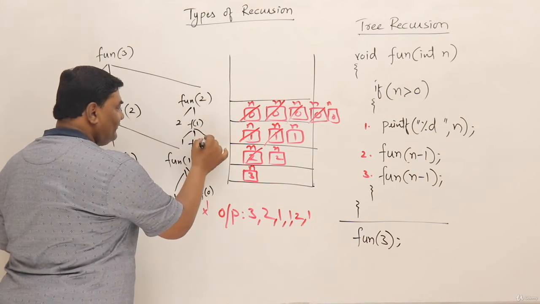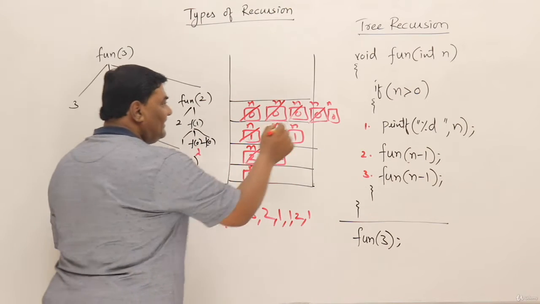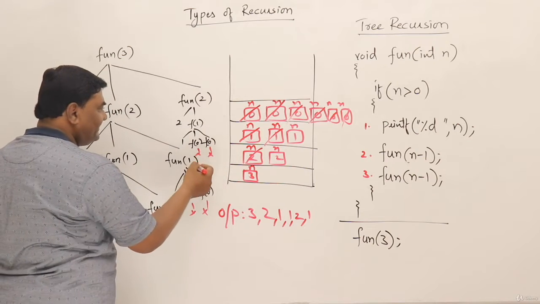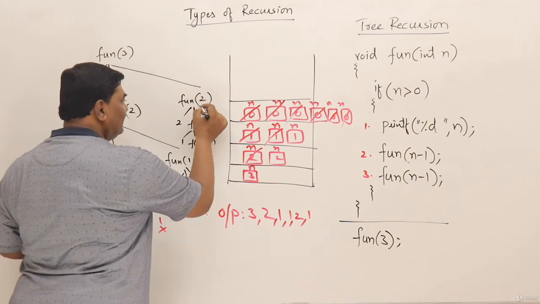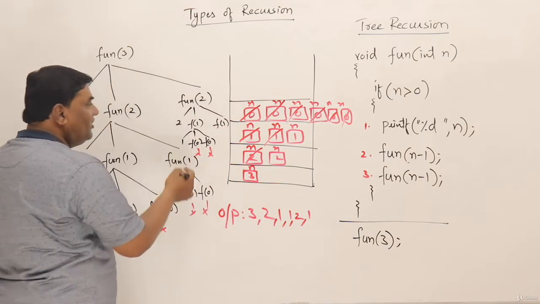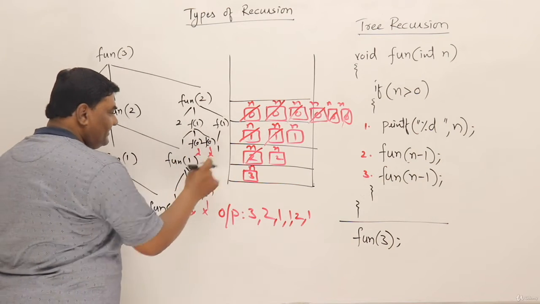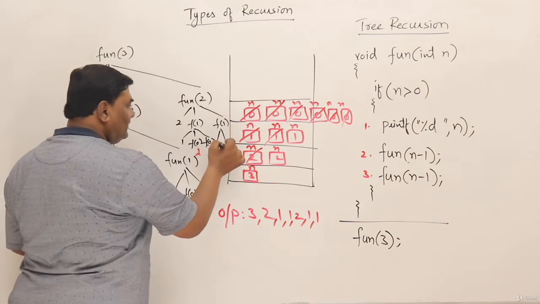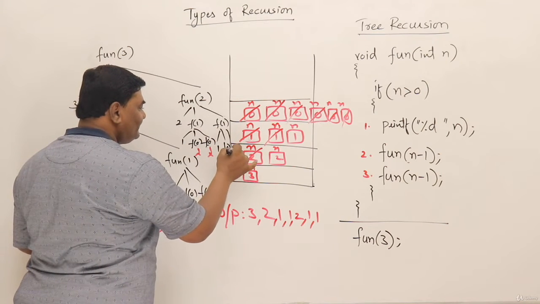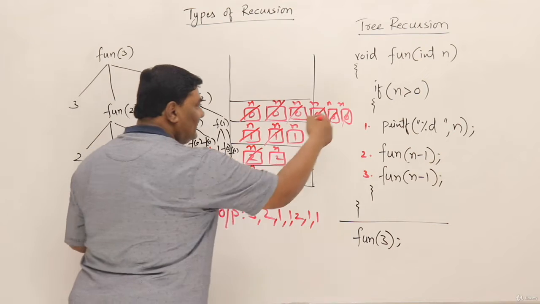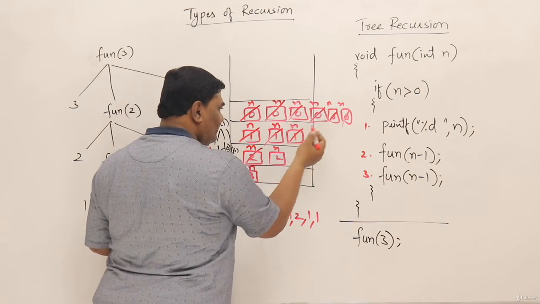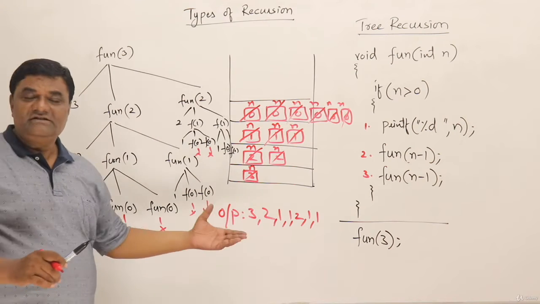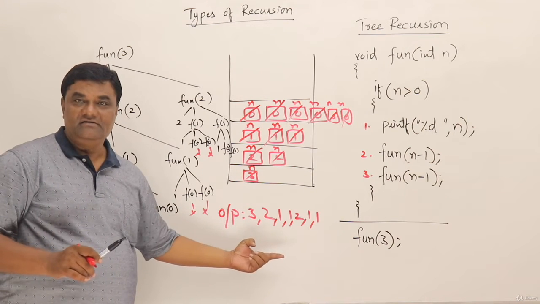And again a call for fun of 0, and this also ends. This also goes back. Here fun of 1, for this 1 is printed. So output is 1. Then call for fun of 0, call for fun of 0, right? So again 2 more activation records, then that also finished, this also finished, and finally 3 also finishes. So this is the output that we get.